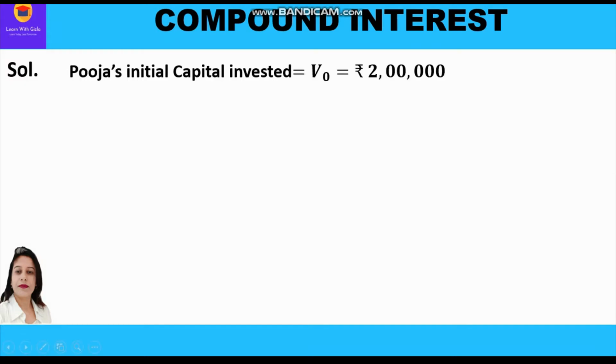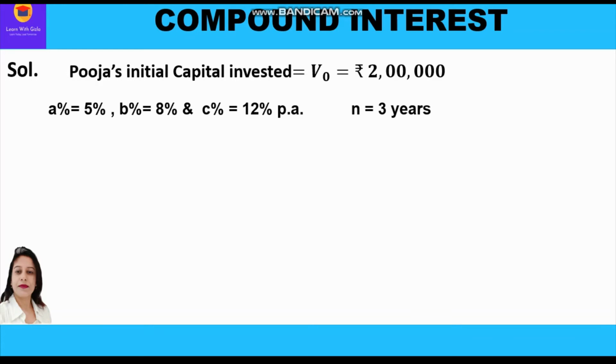Pooja's initial capital that was invested is rupees 2 lakh. That is the initial principal, which we can call V0. Now the rate of profit every year is different. So let us assume A% to be 5%, B% is equal to 8%, C% is equal to 12% per annum. And the time period is 3 years.